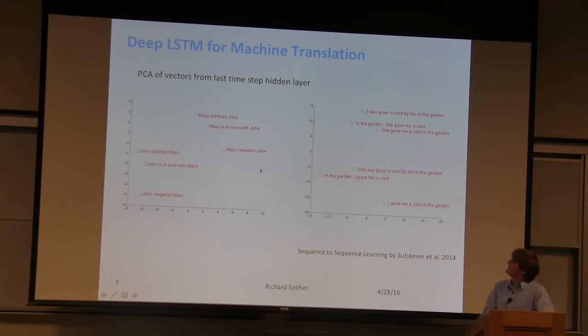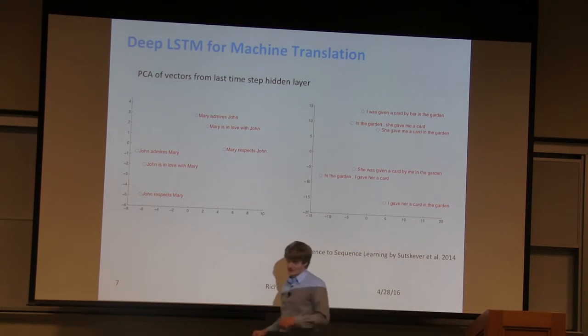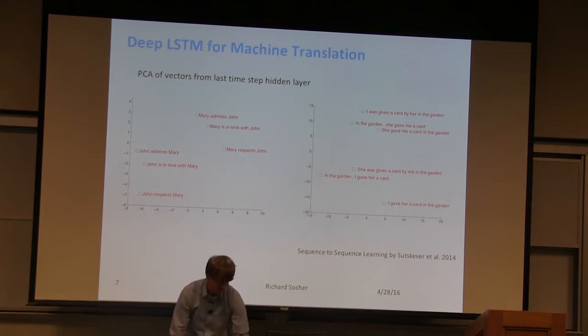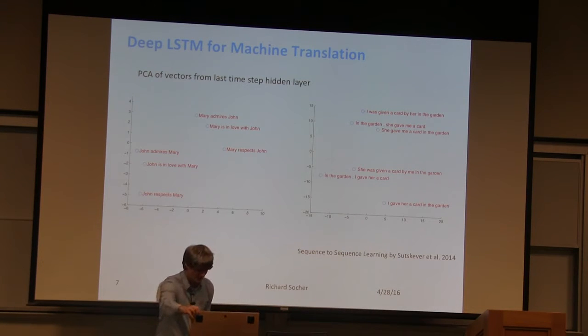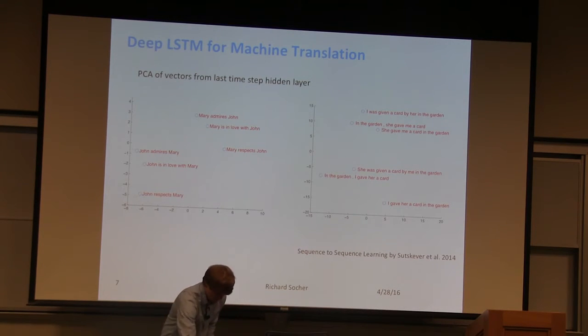Now, there's some fun things that fall out of deep LSTMs also when you basically just look at the hidden states of the translation. And in general here, I'm cheating a little bit. This is not necessarily just a single LSTM. This is going to be a more powerful deep LSTM.